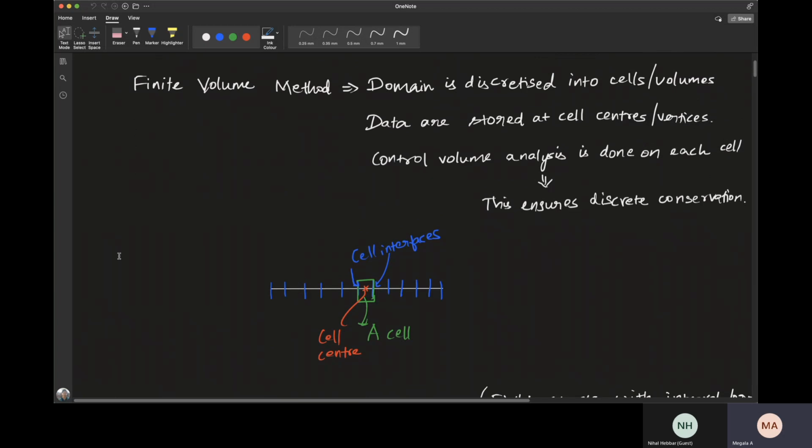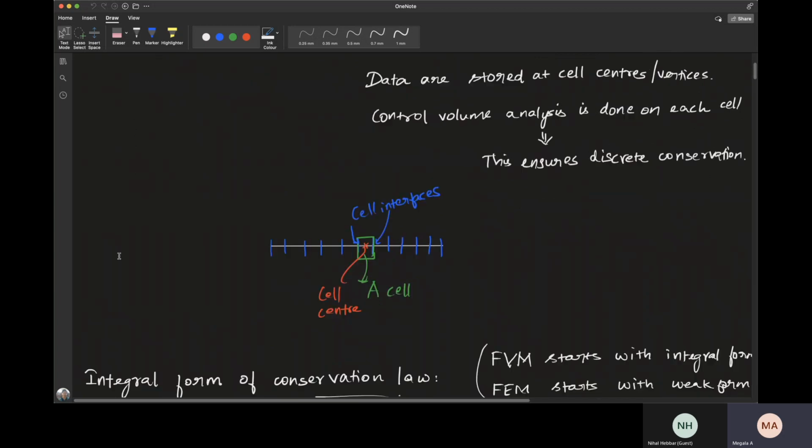So let's start with a simple 1D physical domain. This white line is your physical domain, and that physical domain is now split into some cells. Each green box is represented by a cell, and these blue lines are cell interfaces.